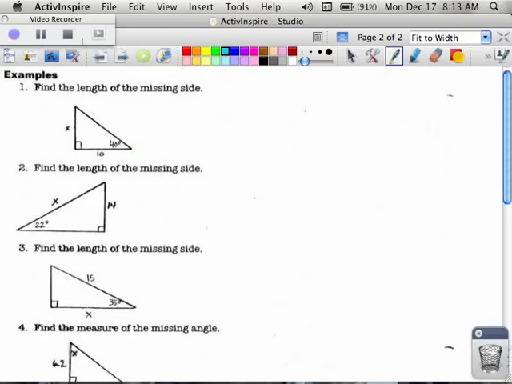So if I were to write a relationship between all the pieces that I see in front of me here, I would tell you that the tangent of the angle that they show me, which is 40 degrees, would have to be the opposite side, x, divided by the adjacent side, 10.